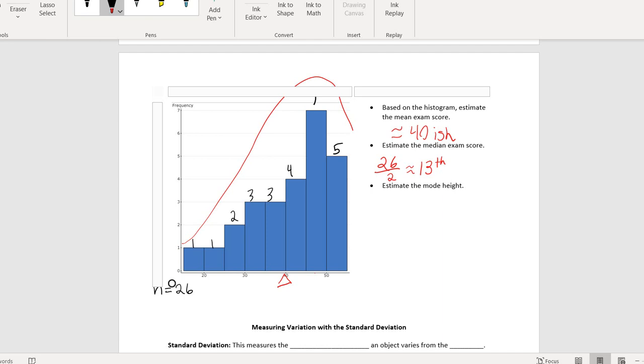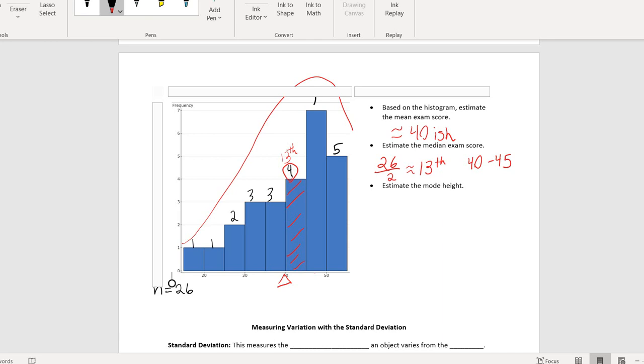So I have 1, 2, 3, 4, 5, 6, 7. This would be another 3, so it would be 10, 11, 12, 13, and 14. So my 13th and 14th observation would be in this bar. So that means that my median score is somewhere between 40 to 45.